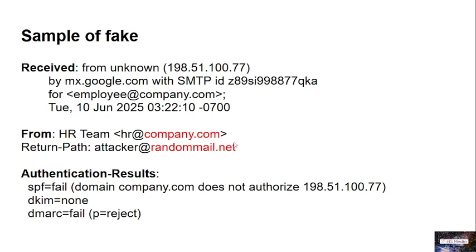It means that this is a kind of hijacked email, and by the time you reply to this email, it's not going to the domain company.com. It's going to be returning to randommail.net. So you can see that SPF fail, DKIM none, then DMARC fail as it's rejected. So that's a sample of a fake email header.